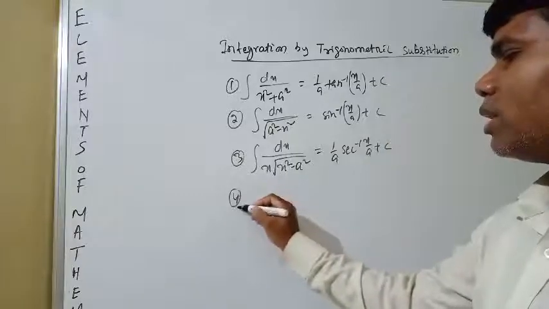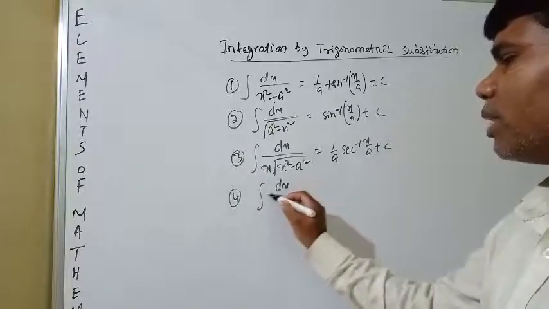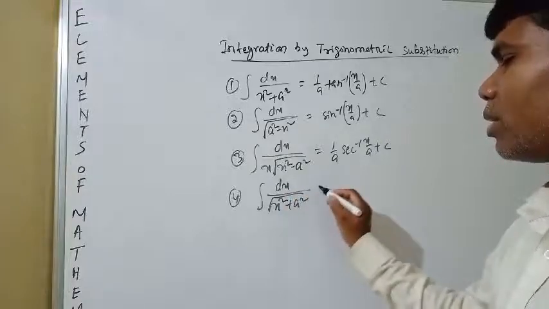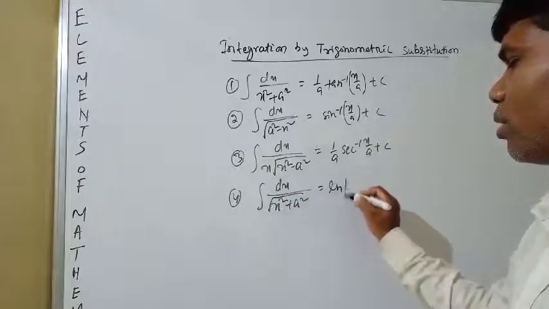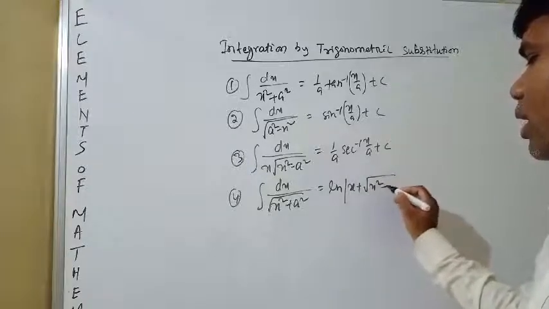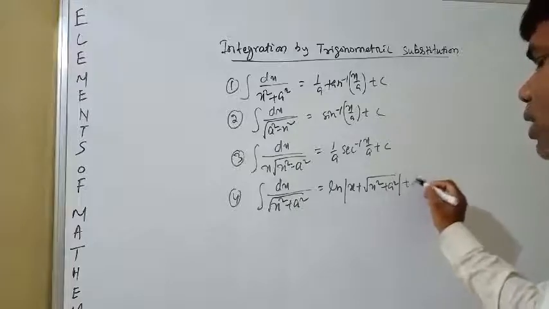The fourth one is integration of dx by root over x square plus a square is equal to ln of x plus root over x square plus a square plus c.